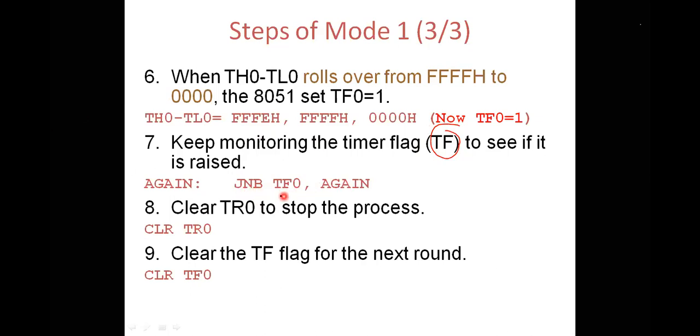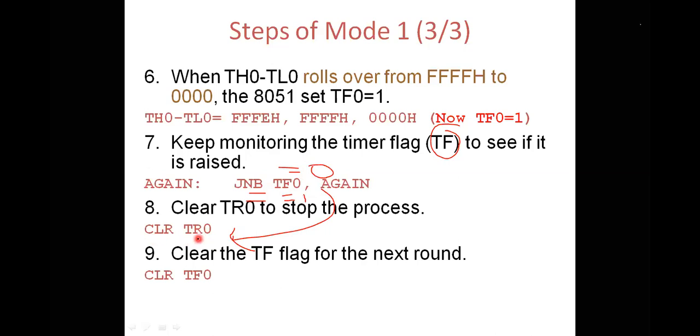When TF0 is 0, the timer is still in the running state and it stays in the same loop. When TF0 becomes 1, the timer has overflowed, this condition is not satisfied, and it comes out of the loop to the next instruction.